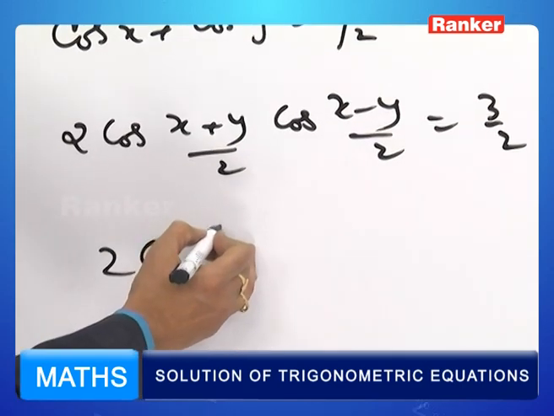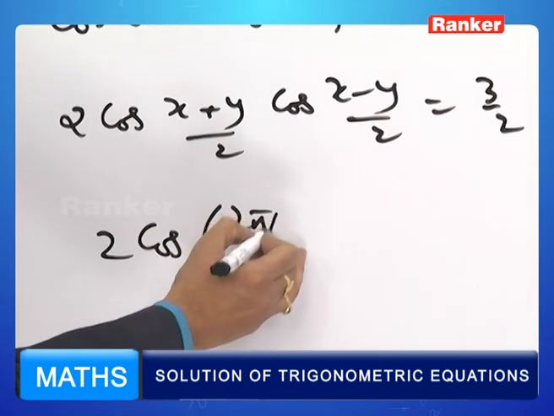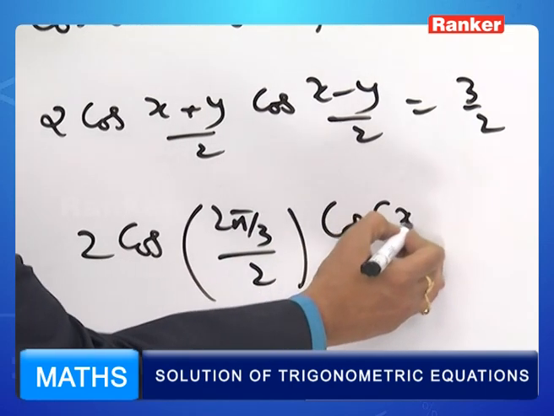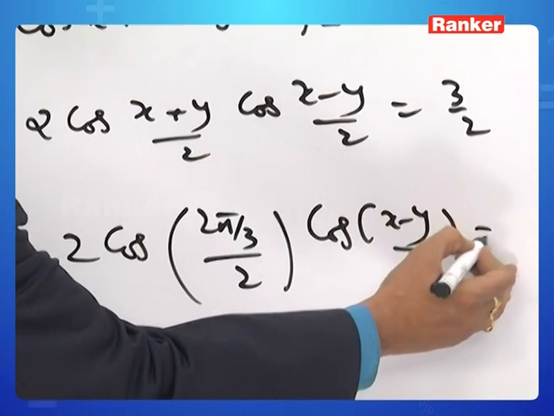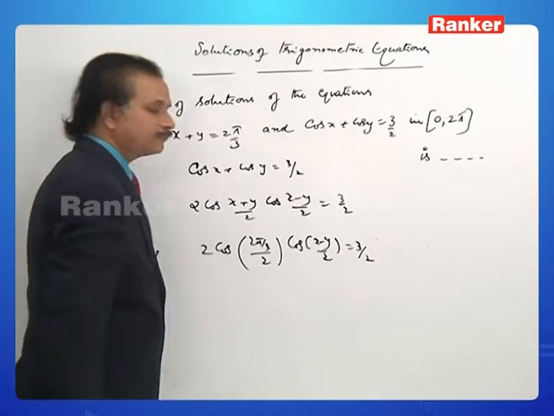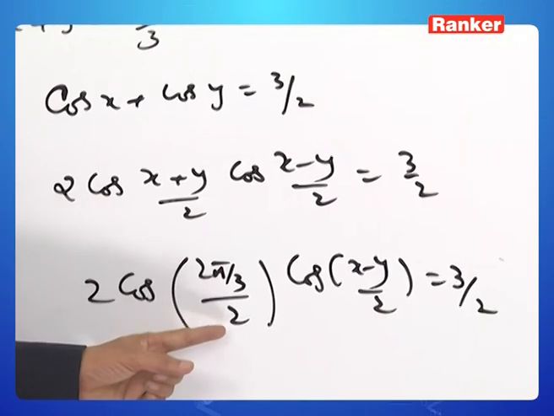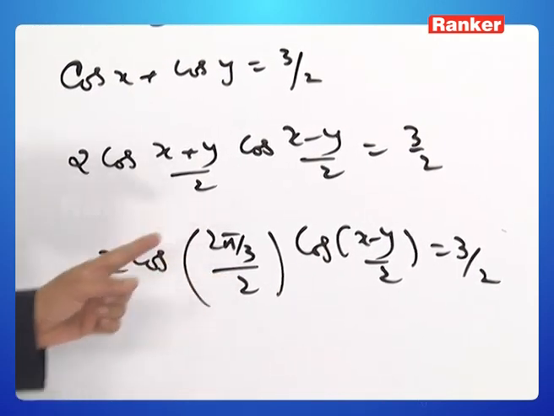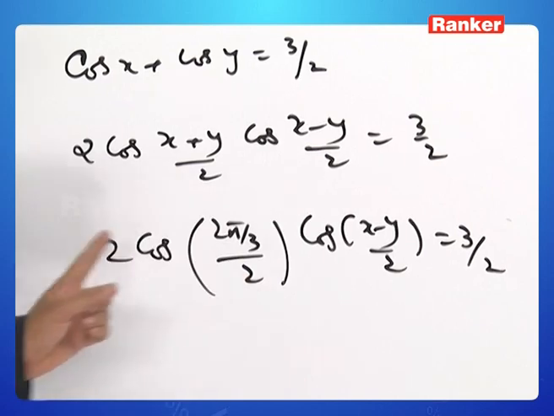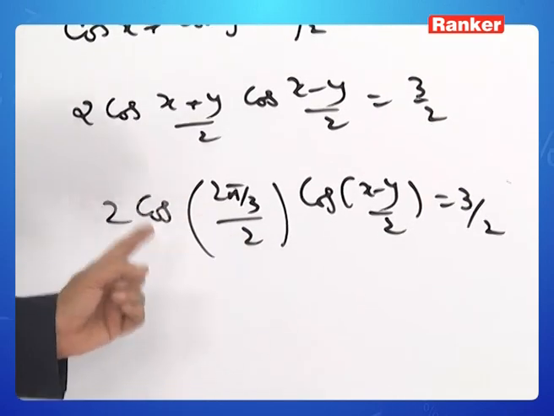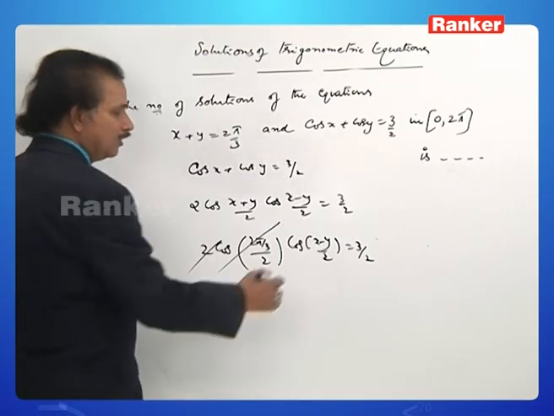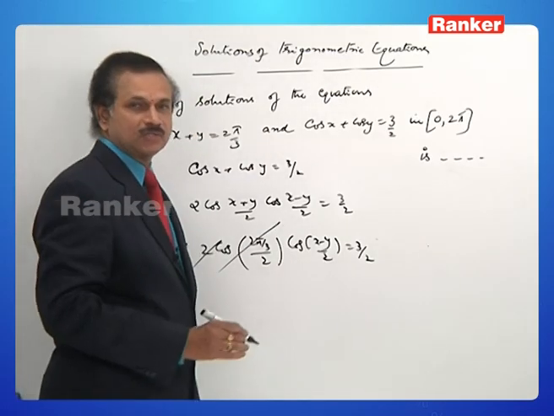Cos of (2 pi by 3) by 2 into cos of (x minus y) by 2 is equal to 3 by 2. 2 pi by 3 by 2 means 2 gets cancelled. What will be left here? Pi by 3. What is cos pi by 3? Half. 2 into cos pi by 3, 2 into half. So these two will be cancelled, leaving you cos of (x minus y) by 2 is equal to 3 by 2.